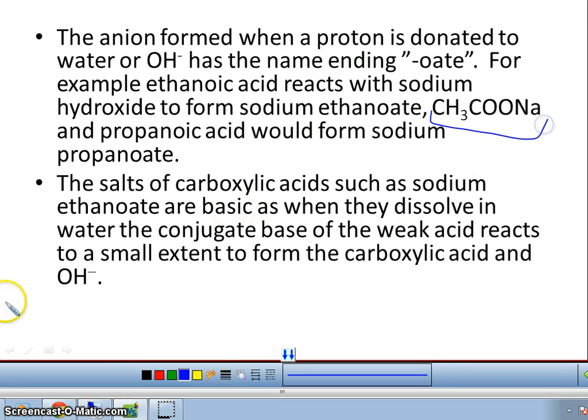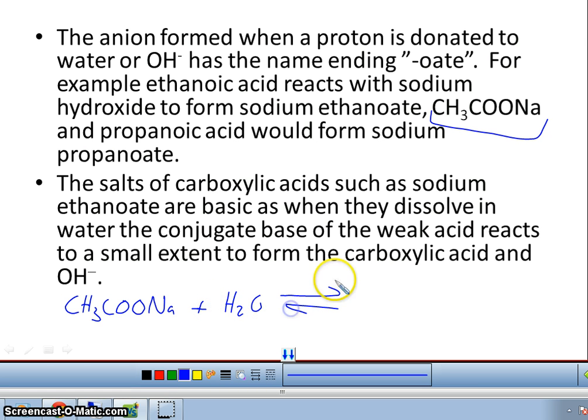I have this to start with, CH3COONa, dissolved in water, to form the conjugate base of the weak acid, CH3COO minus. This would then react with water to form CH3COOH plus OH minus, plus Na plus, because this comes off.